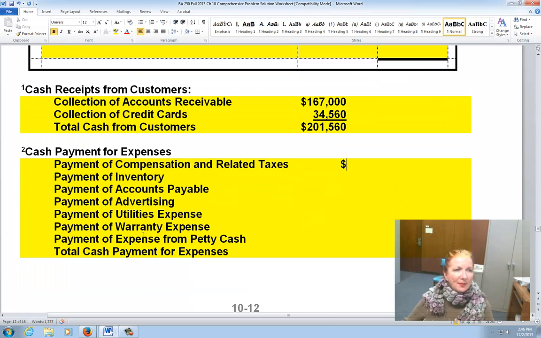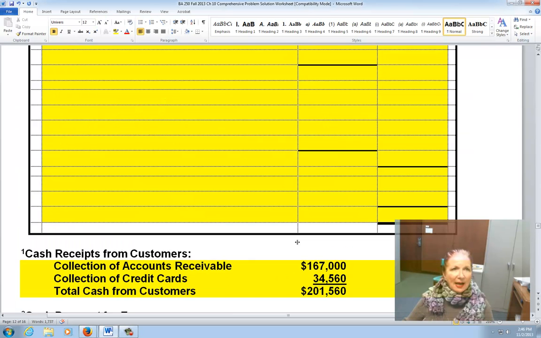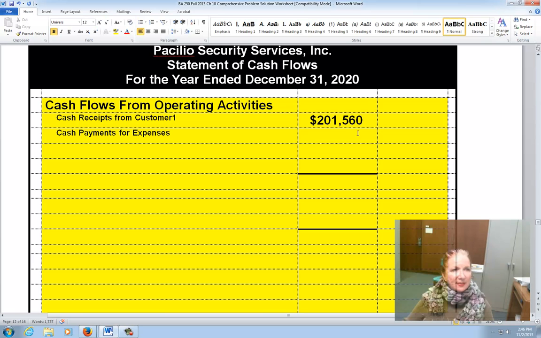Now remember, on the expenses for petty cash, we have to go back. Petty cash never changes in the T accounts, so we have to go back and look at the journal entry, because that's where we'll find the list of petty cash expenses. Then we get our total expenses, and we put our total expenses in this column. You'll also find your sales tax payable and those other payments for interest.